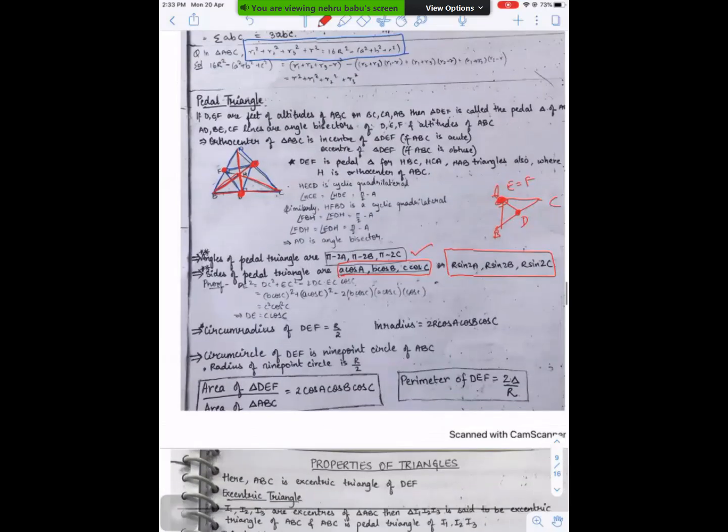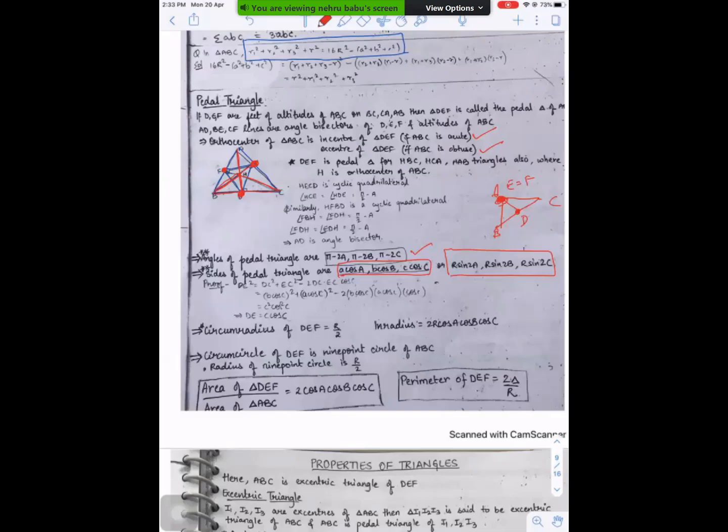For example, if you see in this case, I think the statement is there here: the orthocenter of triangle ABC is the incenter of triangle DEF, if ABC is an acute angle triangle. If ABC is an obtuse angle triangle, in that case that's an excenter of DEF. Why am I saying excenter of DEF?